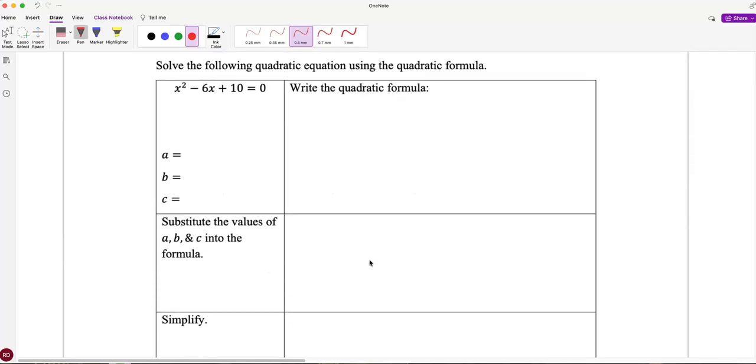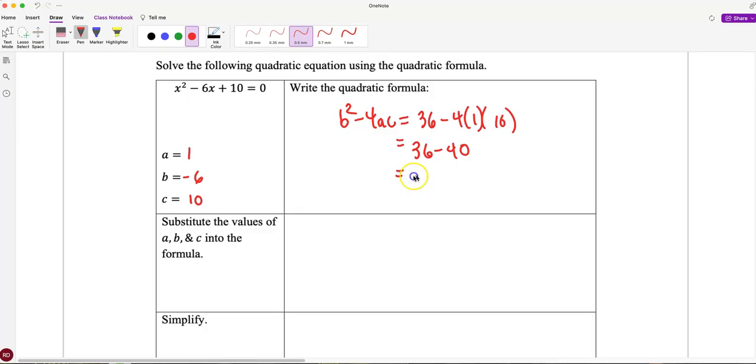Look at this one. Again, a equals 1, b is negative 6, and c is 10. So b squared minus 4ac is going to be 36 minus 4 times 1 times 10. This is 36 minus 40, which is negative 4.